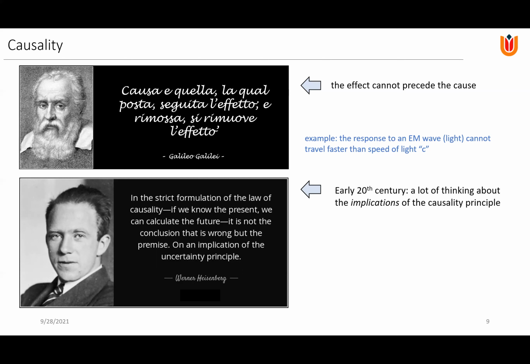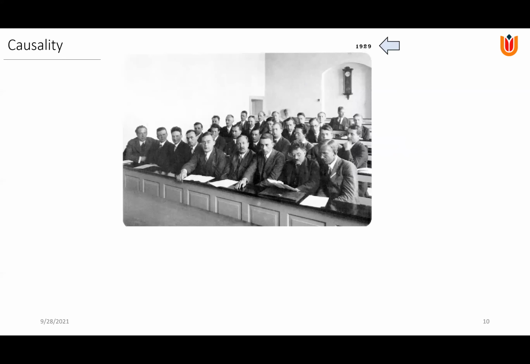He formulated it in some way that, okay, if we know the present, we can calculate the future, but it's not entirely right because you can never know the present. That is then the uncertainty that was in there. So people were philosophically and mathematically thinking about this principle a lot.